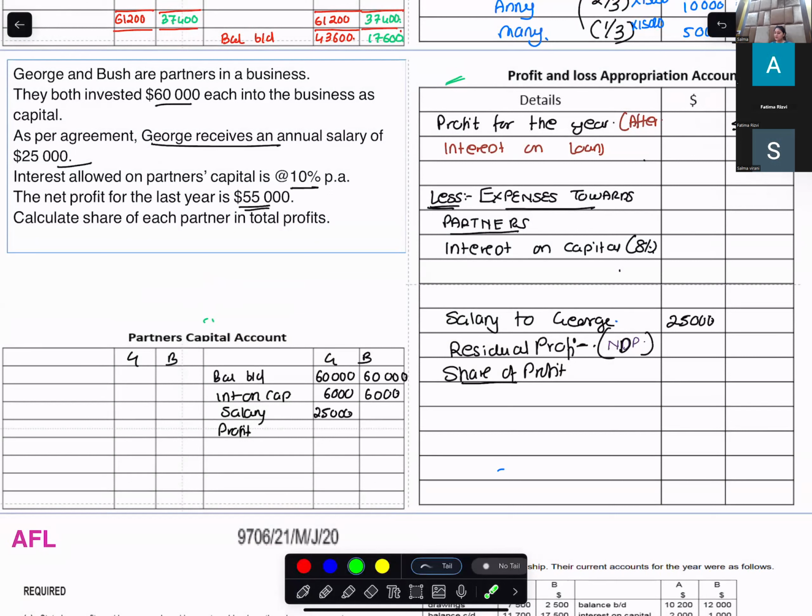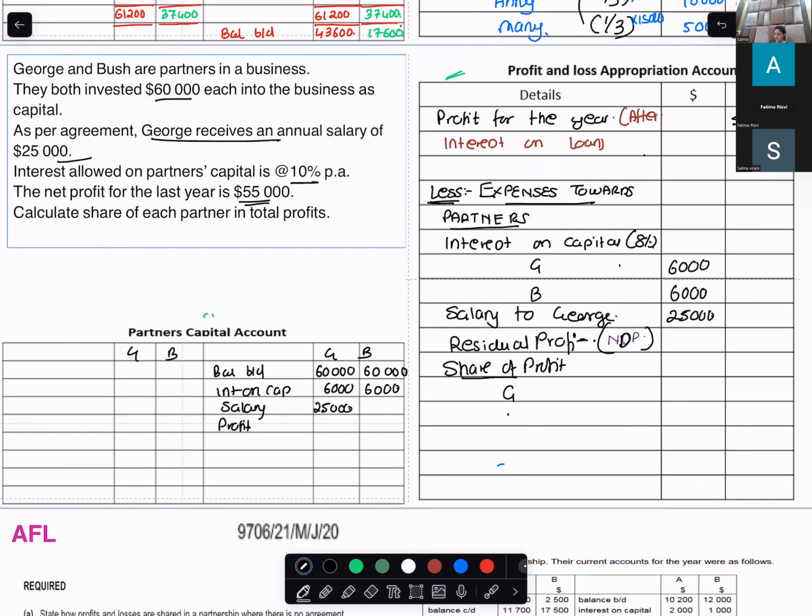This net profit is always after interest on loan. There's no information about drawings and interest on drawings given to us, so there is no income from the partners. Am I correct? Yeah. Interest on capital for George and Bush is 6,000 and 6,000.